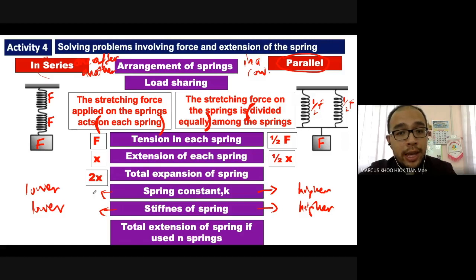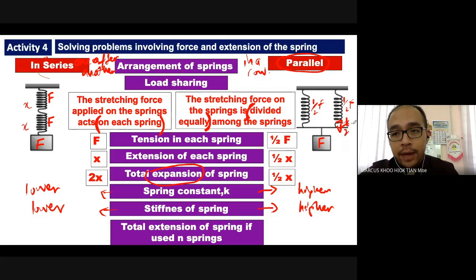Okay, the total expansion of the spring, jumlah pemanjangan adalah, kalau spring ini pemanjangan X, kalau spring ini pemanjangan X, so the total expansion will be 2 times X. Manakala for parallel, the total expansion will be only half X, sebab dua X itu akan dibahagi sama rata.